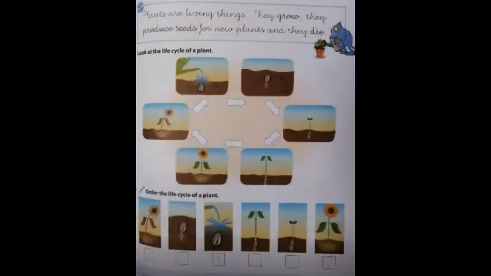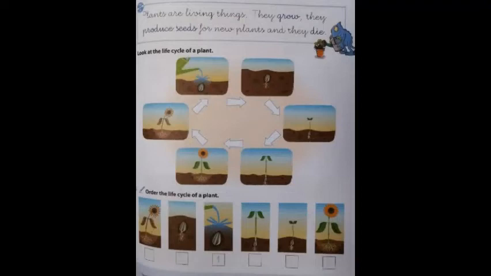Okay, the life cycle of a plant. Plants are living things. They grow, they produce seeds for new plants, and they die. Look at the life cycle of a plant. Okay, it begins at the left with the garden watering can, and it is adding water to a seed covered in soil. As you can see in the second one, the seed grows roots.